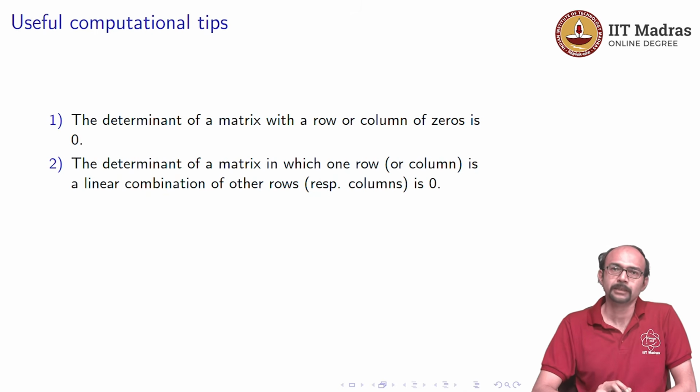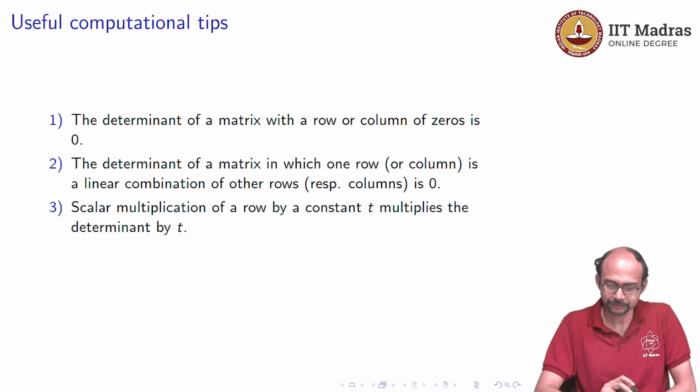Why is that? Because, remember, we can add multiples of a row to another row and the determinant remains unchanged. So you keep adding the correct multiples of the other rows to that particular row and you make it 0. Once you make it 0, remember the determinant remained unchanged, and then you have a 0 row or column, and that's how you get that the determinant is 0.